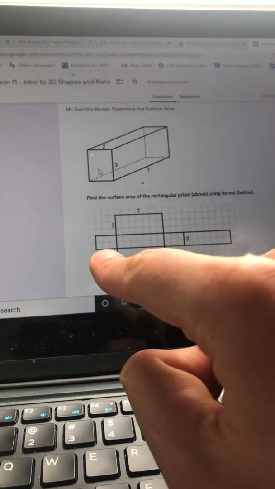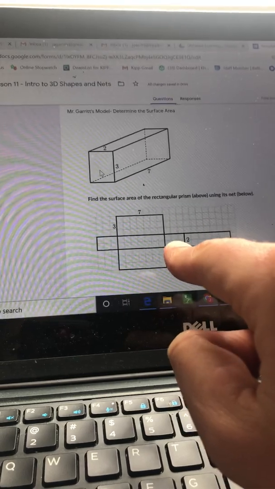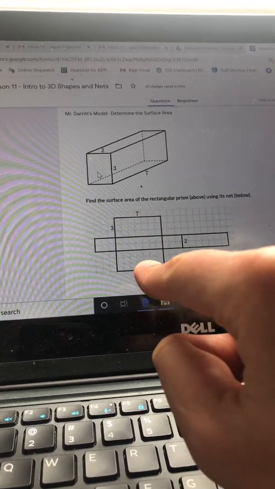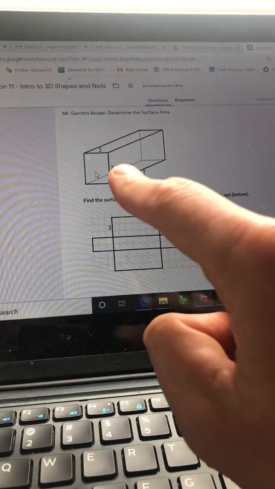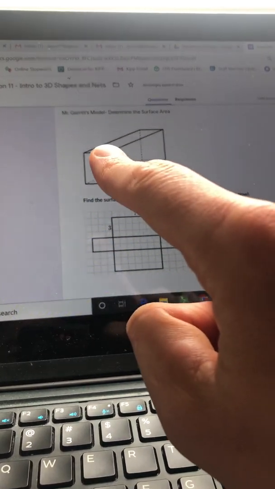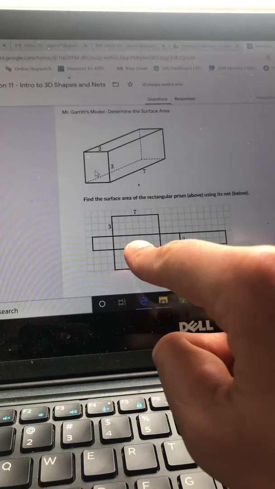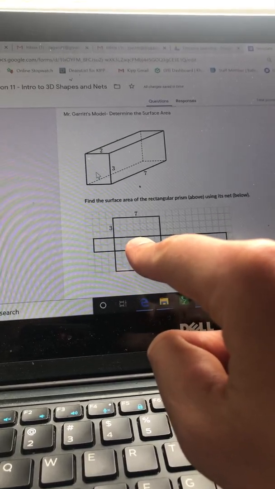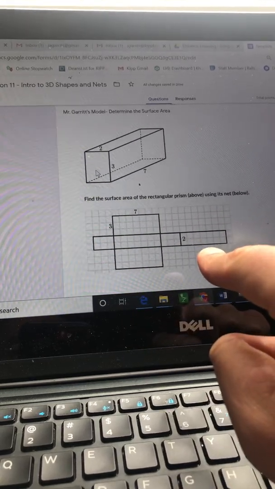So far, the front is 6, the back is 6. The right is 21, the left is 21. Then the top is 7 by 2, which you can see here, 7 by 2. So that's 14, and if the top is 14, the bottom is 14.